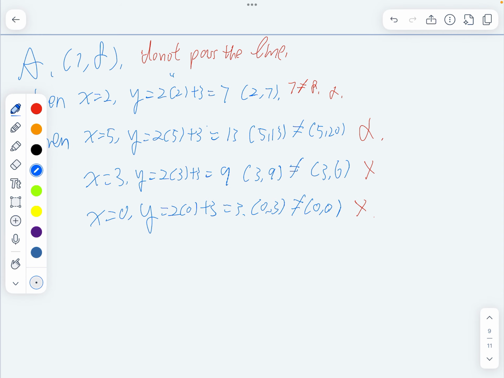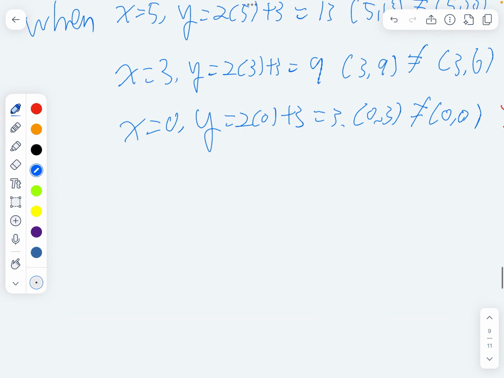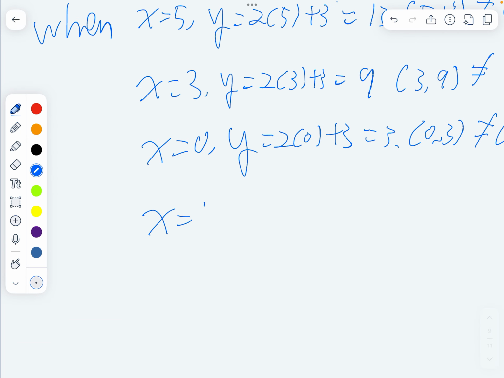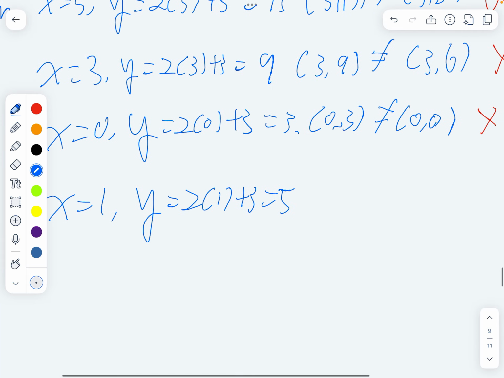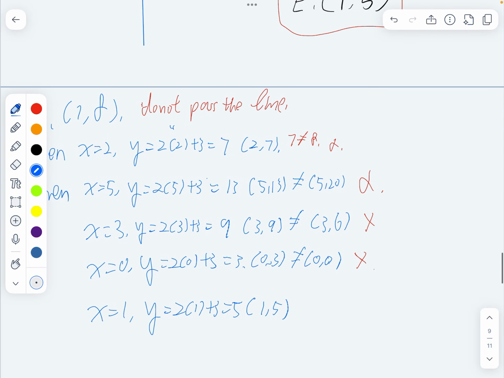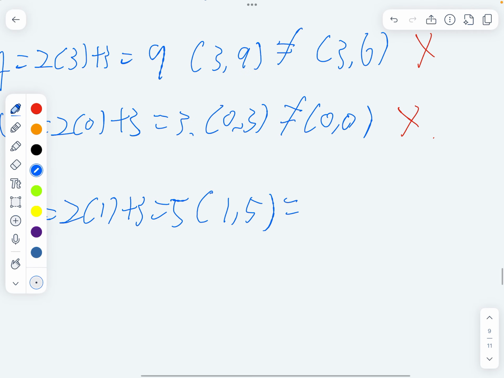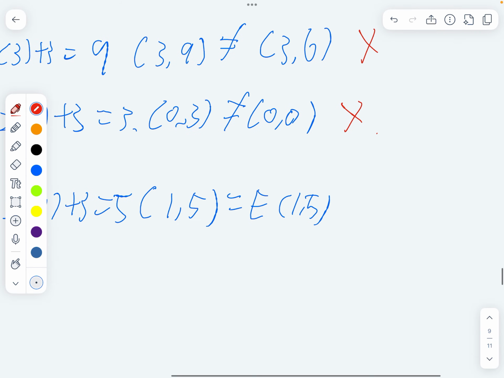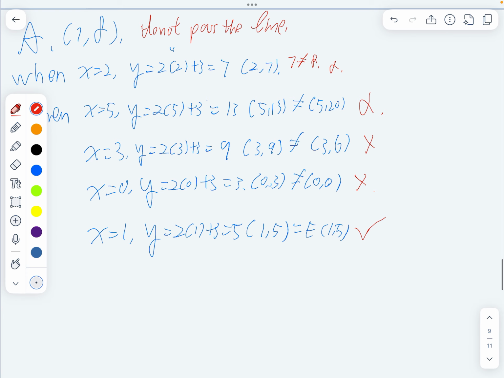Let's try the final one, E, where x equals 1, y equals 2 times 1 plus 3 equals 5. The point is 1, 5. Oh, it is equal to E, 1, 5. So we can find that E passes the line, right?